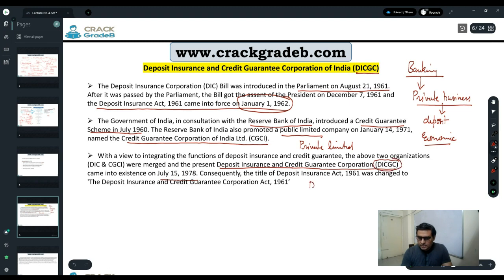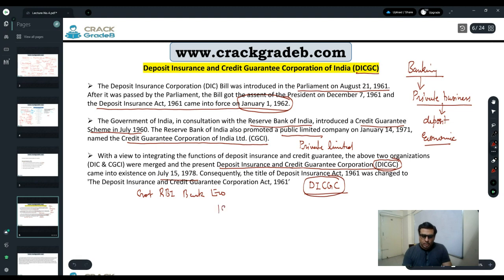DICGC. So actually, what happened? In the 1950s and 60s, you wanted better coordination among the government, RBI, banks, and the economy, so that is why these two organizations were merged.